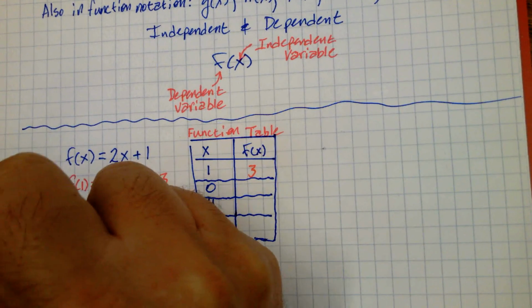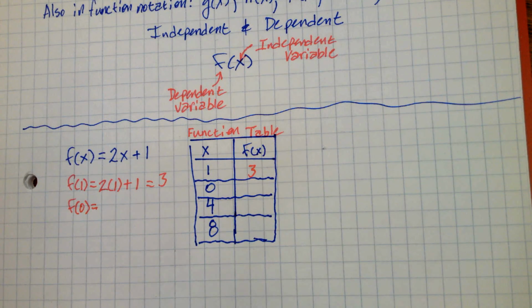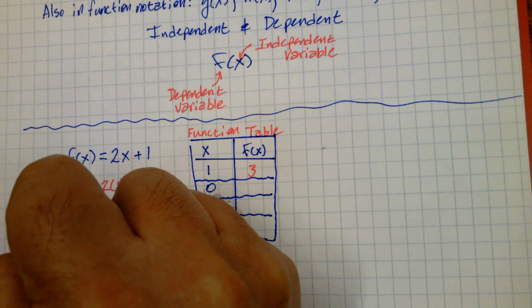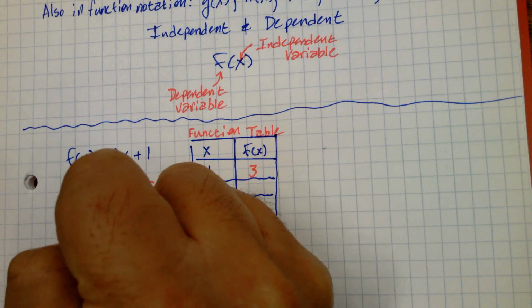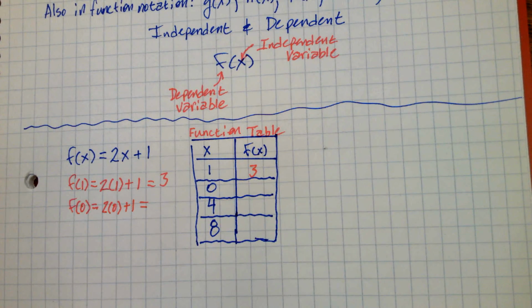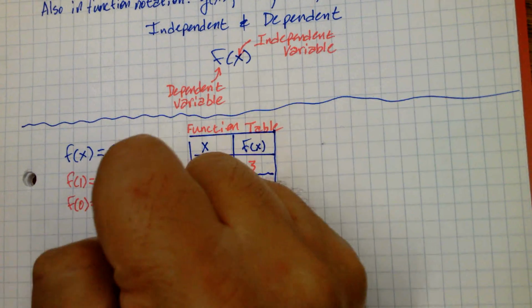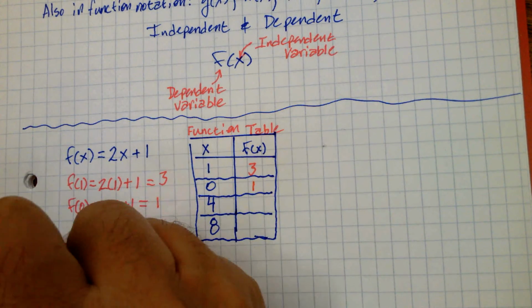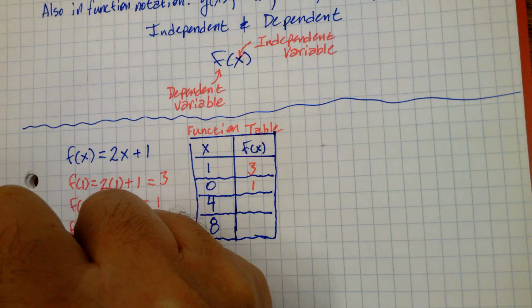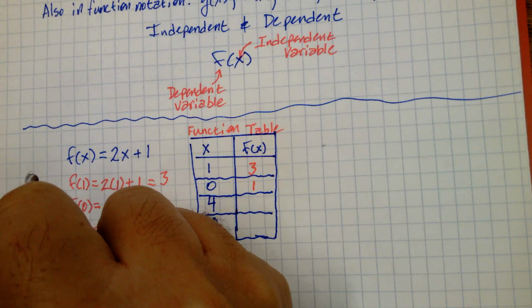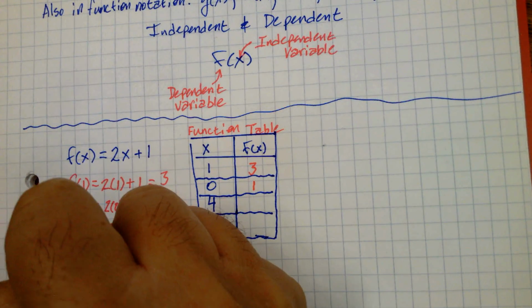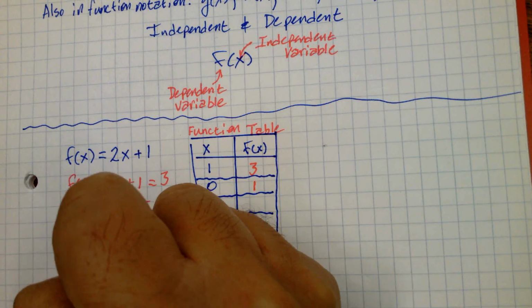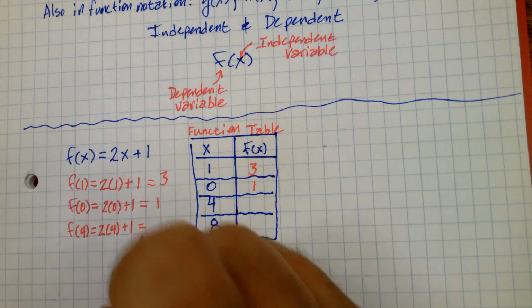Then we'll do f of 0. You see how I'm writing it? And then it's 2 times 0 here plus 1. So wouldn't that be just 1? Yeah, because that's 0 plus 1. You get 1 there. Then we want 2 times 4, so we want f of 4. And that would be 2 times 4 plus 1, which equals 9.